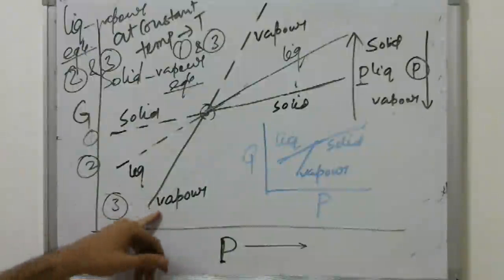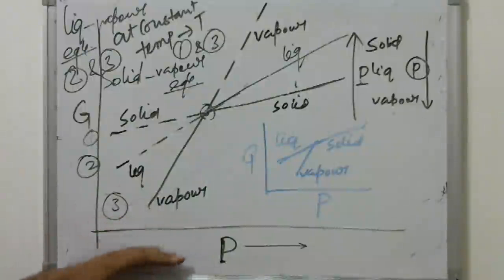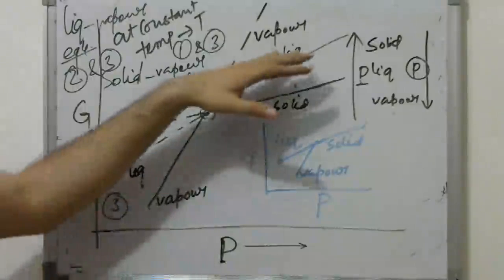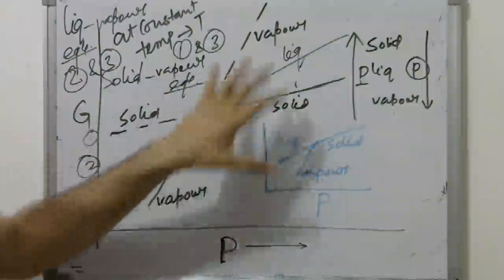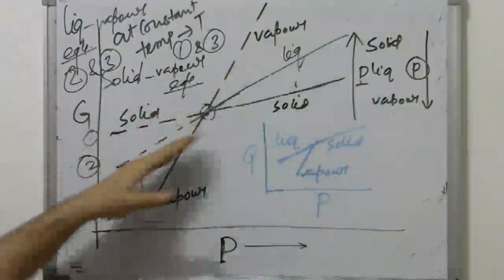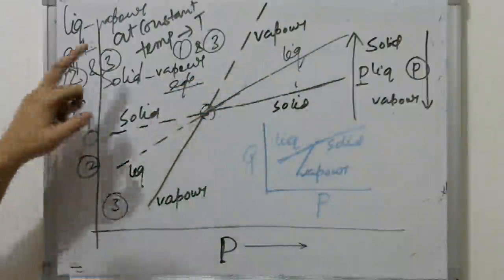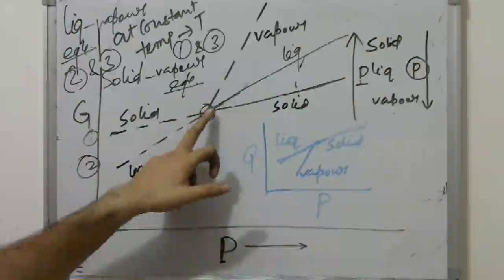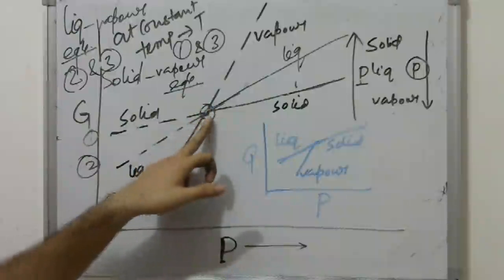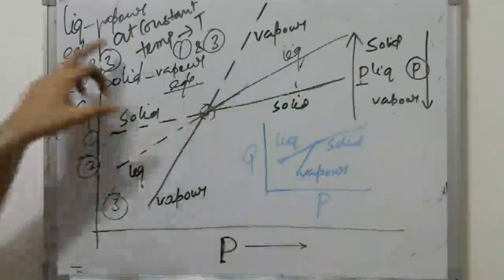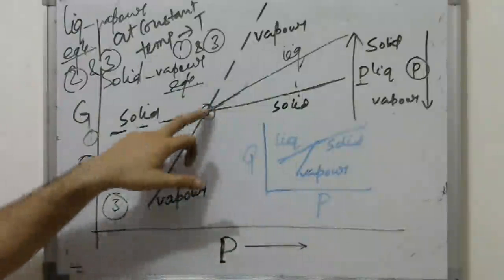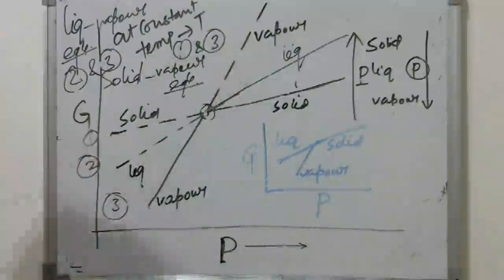So vapor is the stable phase at a lower pressure for a given temperature. Liquid is the stabler phase at a higher pressure for a given temperature. There is also an intersection between 2 and 3. This is the point of equilibrium between liquid and vapor. This, for 1 and 3, is the point of equilibrium for solid and vapor.